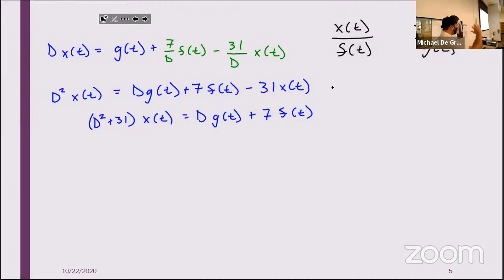So how do I isolate these things, to get just x of t over f of t and x of t over g of t? Right now I know that I can get this transfer function for both inputs together, which would look like this. We've done this one before.